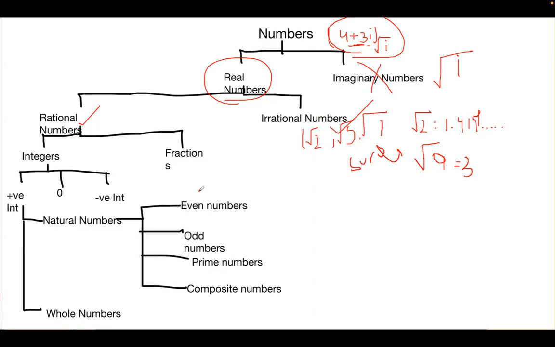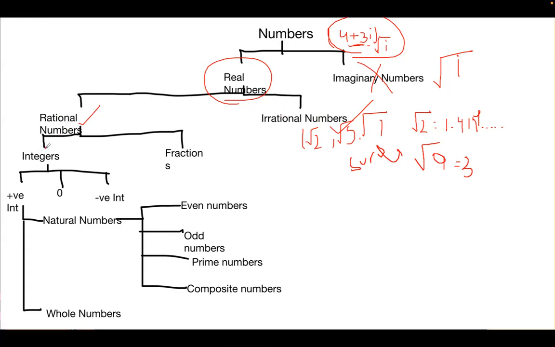Rational numbers are separated into two categories, integers and fractions. So the numbers in the real numbers are categorized into two types, that is rational numbers and irrational numbers.